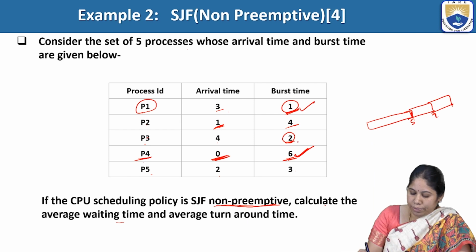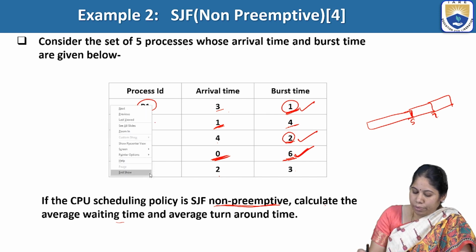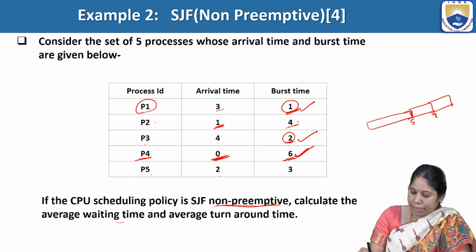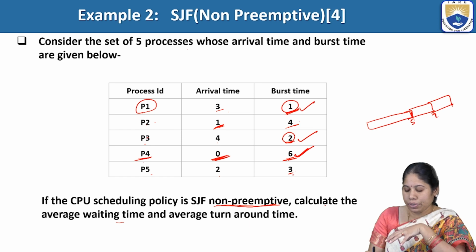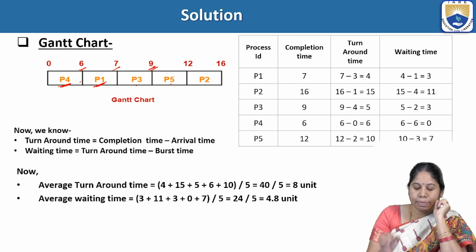Now P3 has also completed. Who is left in the ready queue? P2 and P5. P2 has 4 and P5 has 3. According to the SJF scheduling algorithm, P5 will get the CPU because it has a shorter burst time than P2.